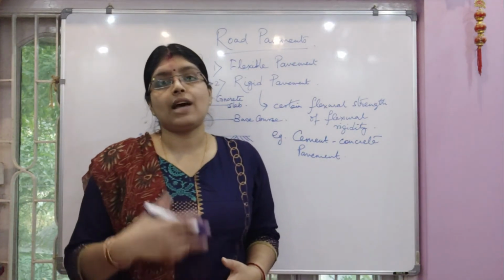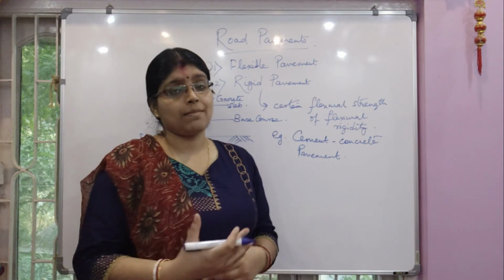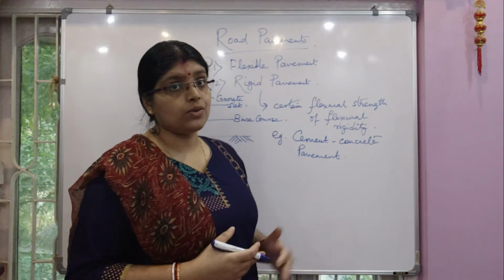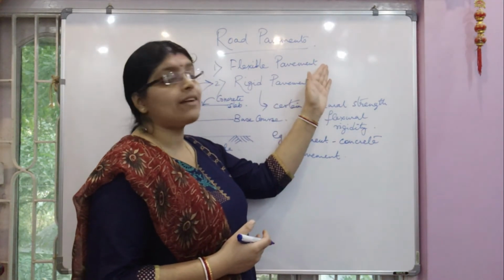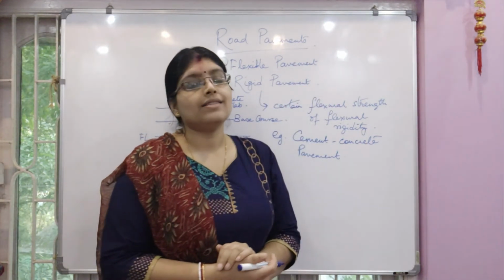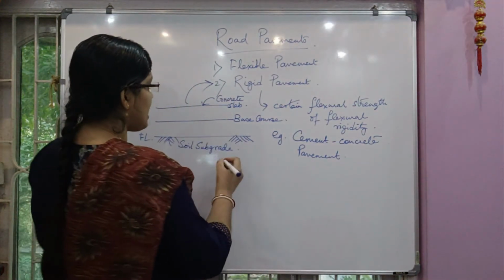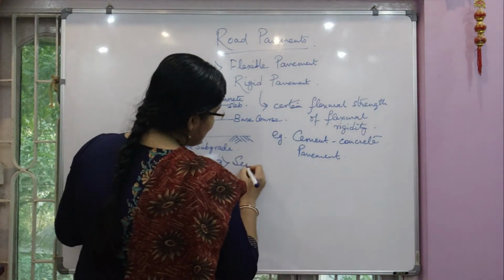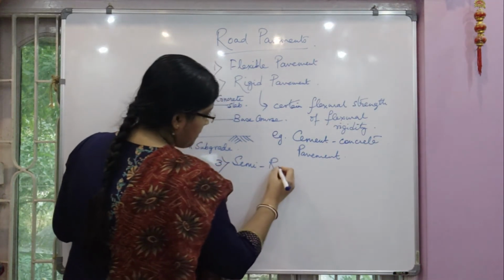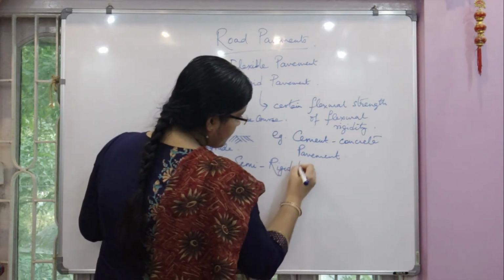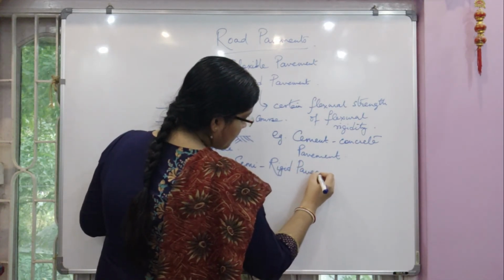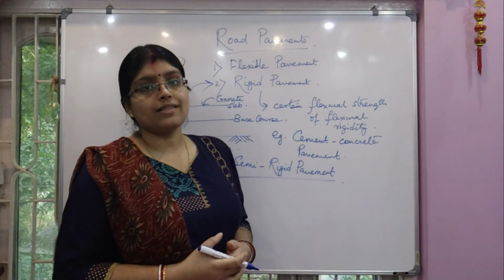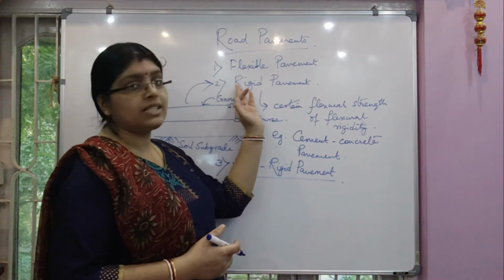Now my dear students, nowadays technology is getting advanced day by day. So now a third type of pavement is also introduced in addition to this flexible and rigid pavement, which is known as a semi-rigid pavement. So the third type of pavement which is constructed nowadays is a semi-rigid pavement. Semi-rigid pavement is an intermediate state of that of the flexible and rigid pavement.